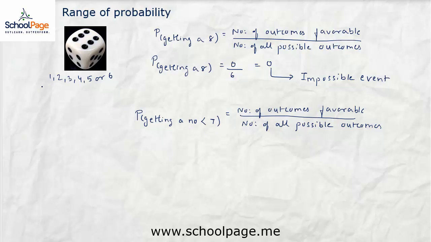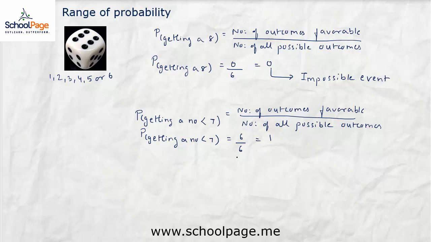Since every face of the dice is marked 1, 2, 3, 4, 5 or 6, and all these numbers are less than 7, we will surely get a number less than 7 when we throw the dice once. So the favorable outcomes is 6, all possible outcomes is 6, so the probability of getting a number less than 7 is equal to 1.